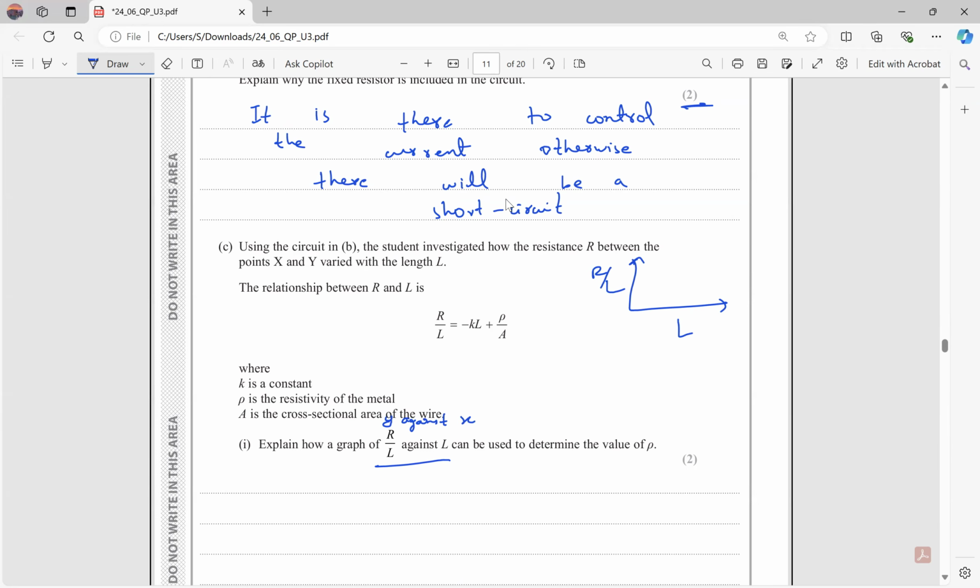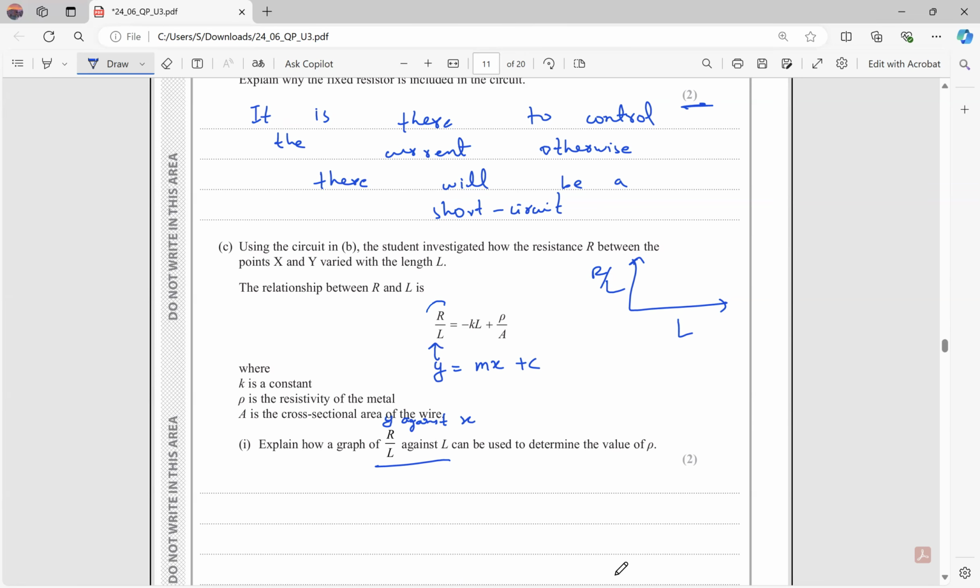Any such question in Unit 3 can be answered using the equation of a straight line, the slope equation, y equals mx plus c. Because this equation tells you how y and x are related, what is the slope, what is the y-intercept. So let's compare different things over here.